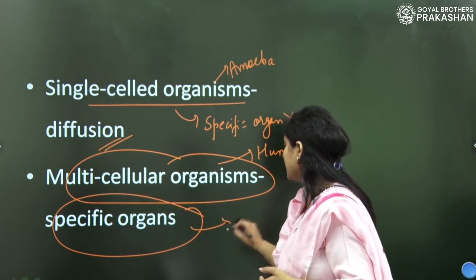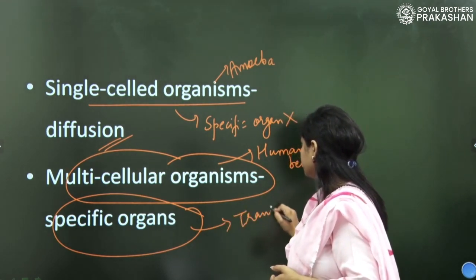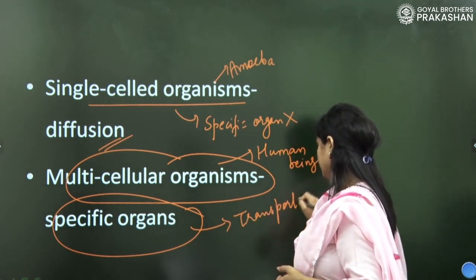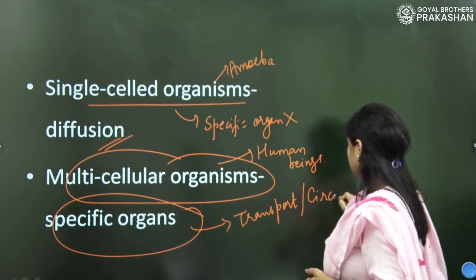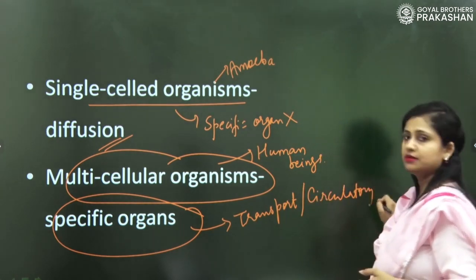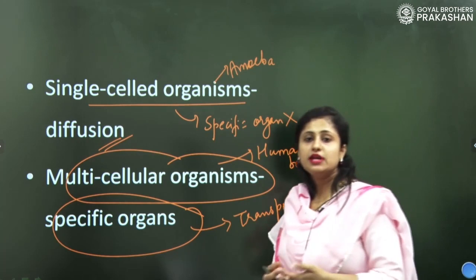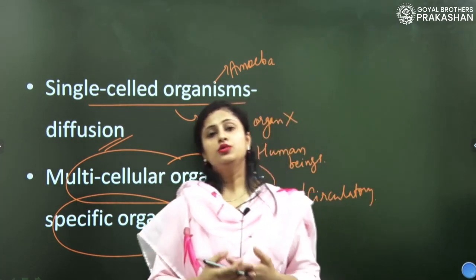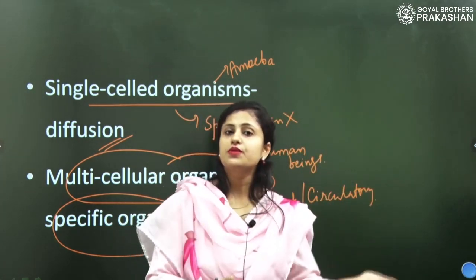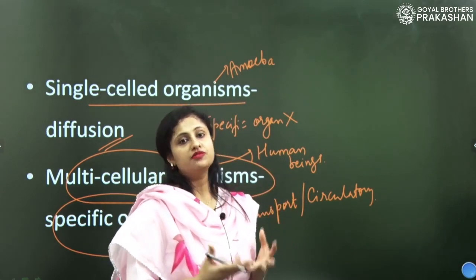For example, we have a transportation system or a circulatory system to transport various types of food materials, nitrogenous waste, and respiratory gases.